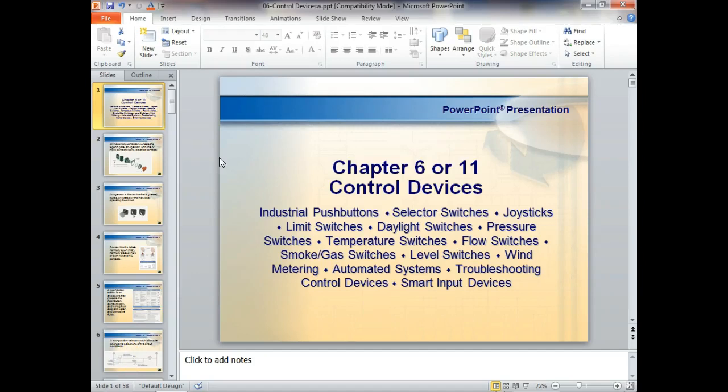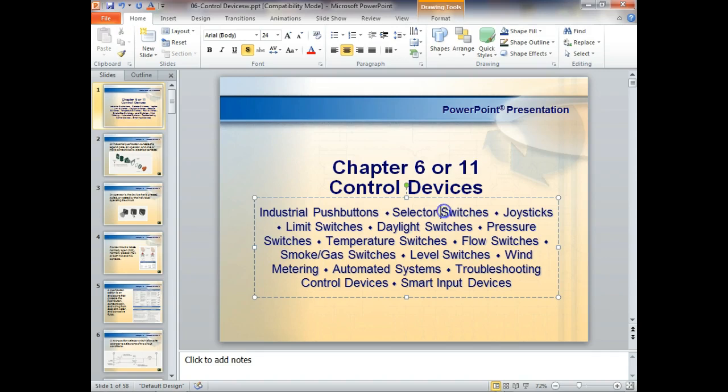Got 6 and 11 control devices. Is that right? Yeah. What's the chapter number? How do you know, Bernard? You already got the book memorized? I was looking at my book last night while I was at work. Control devices. What chapter is control devices? Bernard, y'all can look at the index in the front, right?